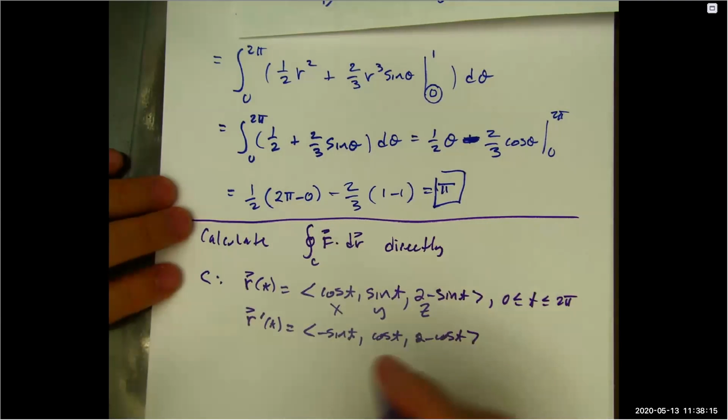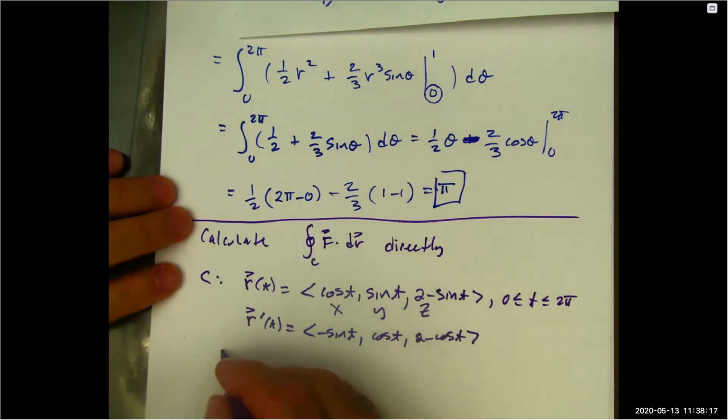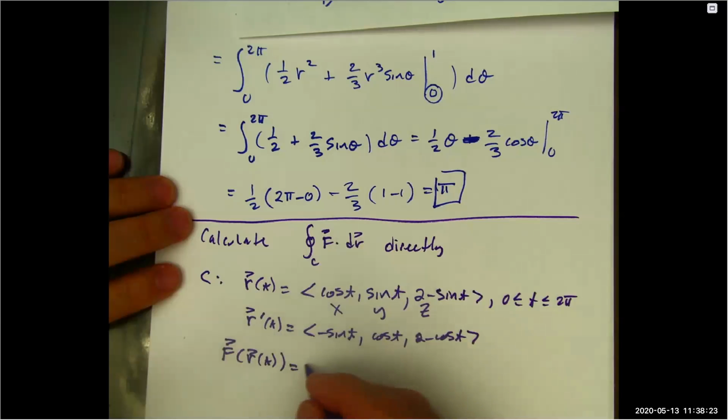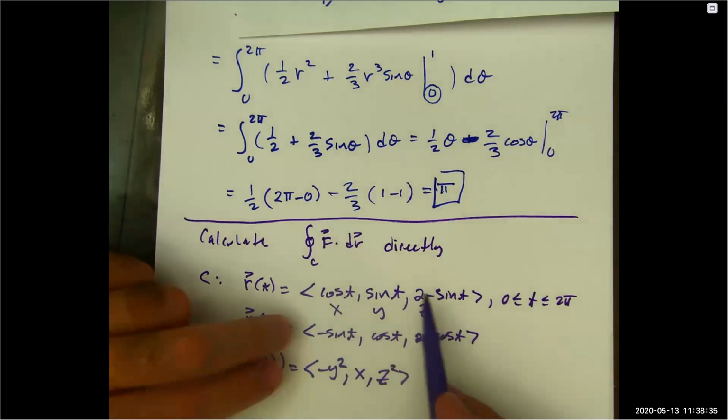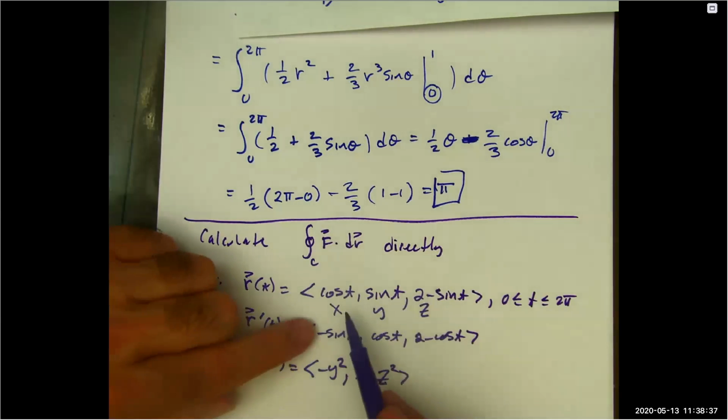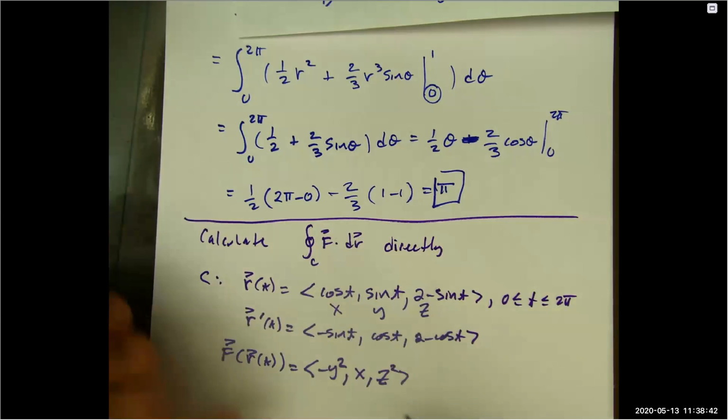Now remember that our vector field, our F of r of t, is minus y squared, and then x, and then z squared. So what I need to do to calculate F of r of t is put in these values for x, y, and z into this vector field.